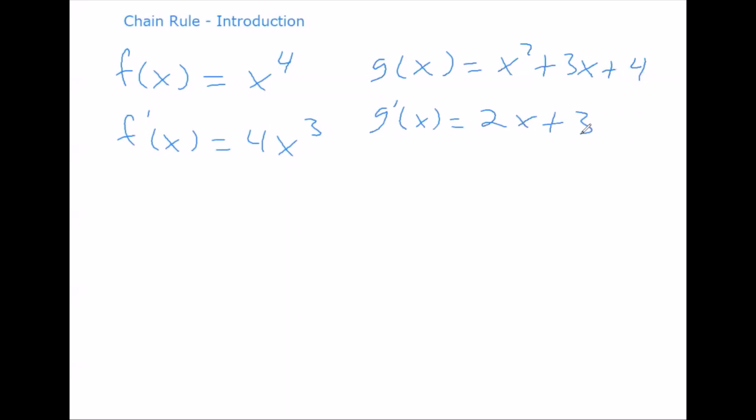Now, chain rule would come into play when we combine these two functions. Let's say we have x squared plus 3x plus 4 raised to the fourth power.